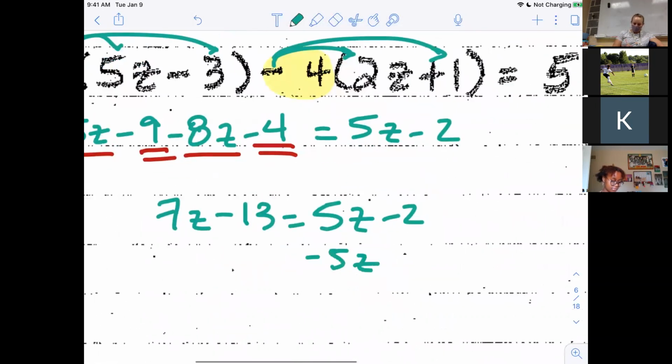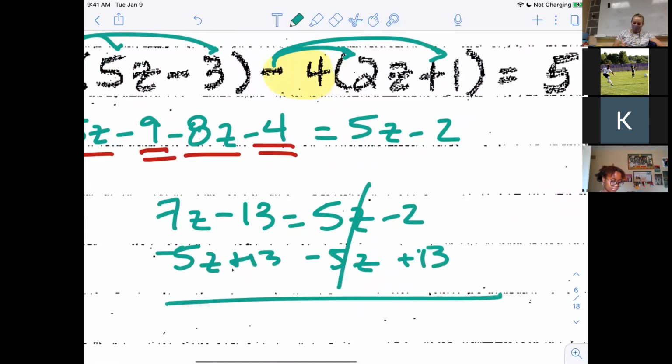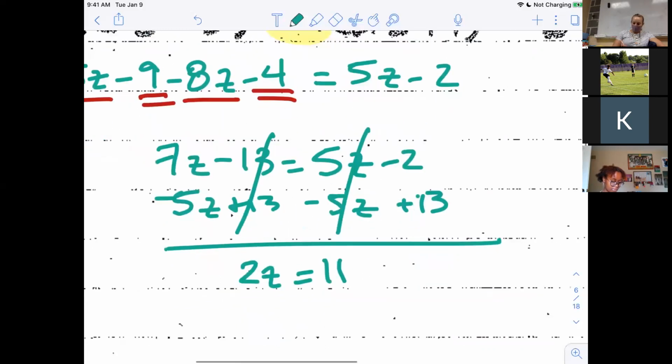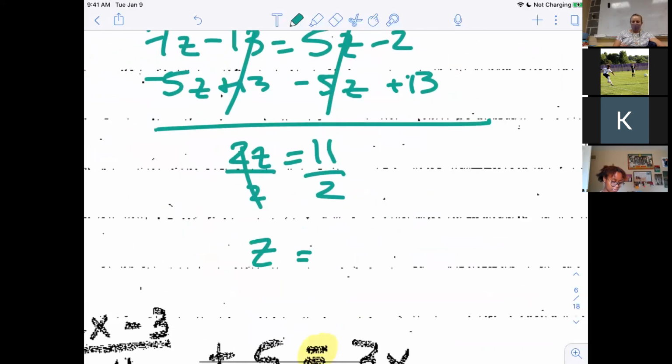Minus 5z plus 13. Plus 13, so I've got 11 on one side and 2z on the other. Divide. Are fractions okay? Sure, why not?